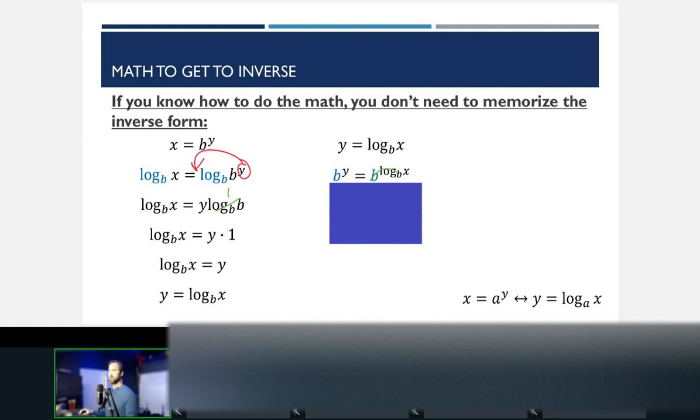And then whatever the log is of, so log base b of x, whatever this is carries down as just an x. That is another log property that we got. So again, b raised to the log base b of x, since these match, they cancel out. And whatever your log is of, so log base b of x, this x carries down. And then we, of course, still have b to the y power. And look, now we're back to what we started with. How cool is that? x equals b to the y power. So no need to memorize formulas.